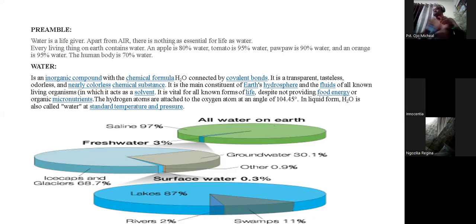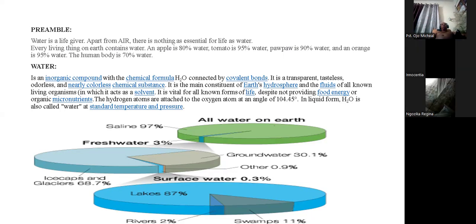We call it water because at standard temperature and pressure, that is what it should be. So what do we mean by standard temperature? Standard temperature means 0 degrees Celsius or 273.15 Kelvin.